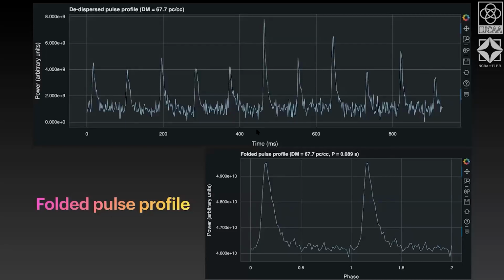It has now traveled differently and arrived at slightly different times to you as an observer, and that has washed out any detail to the level of this spread in the arrival times.